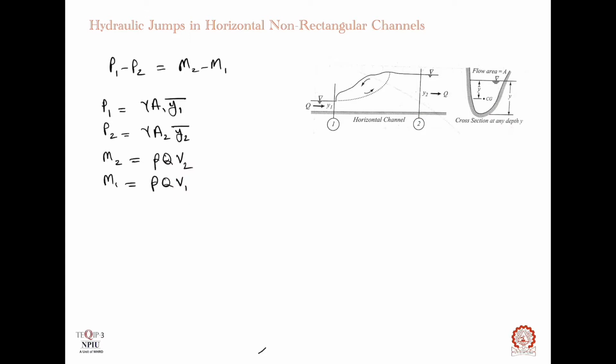Here we are assuming that beta 1 is equal to beta 2 is equal to 1. That's why the expression of M2 is rho Q V2. Otherwise, it would be beta 2 rho Q V2. We are also assuming that the velocity distribution at section 1 and section 2 is uniform.